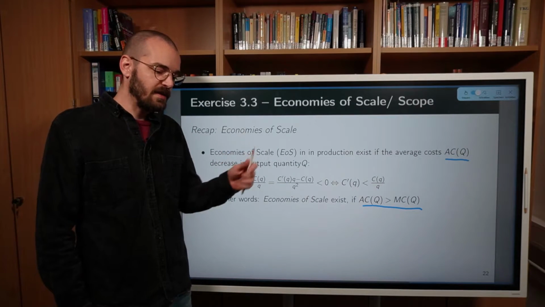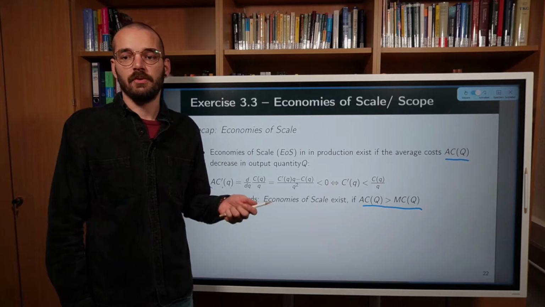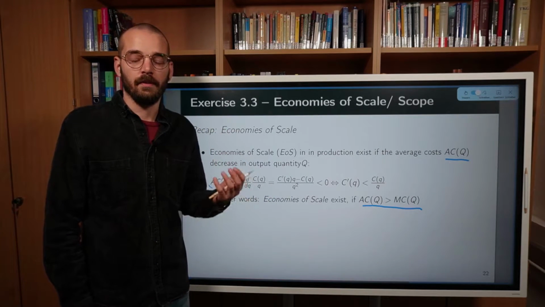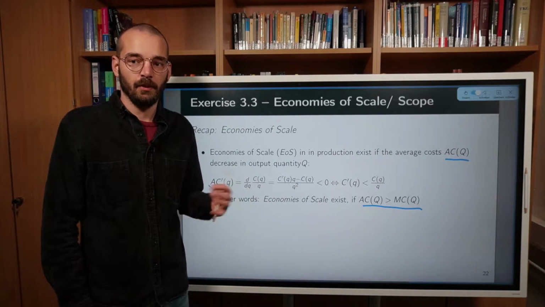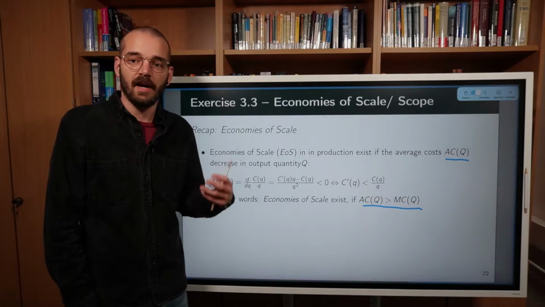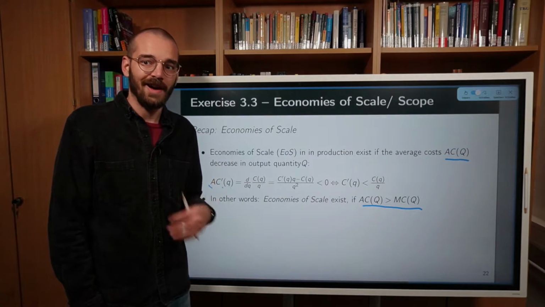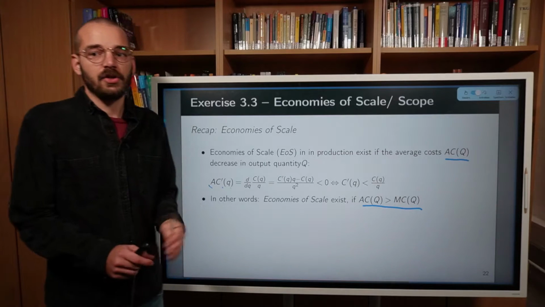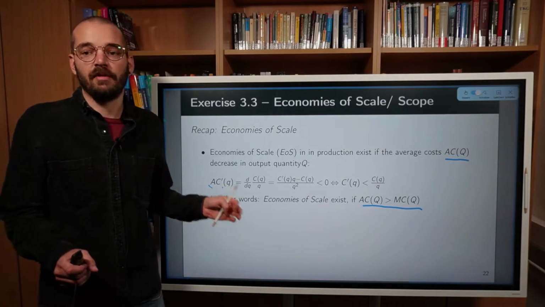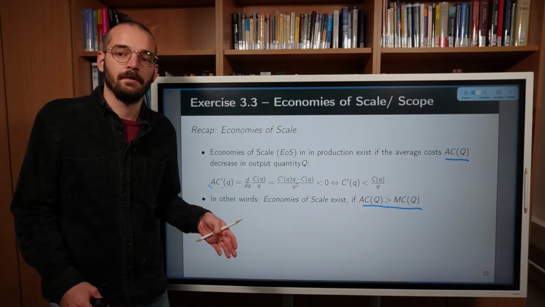And now you know the next unit you will produce has lower costs, which is equivalent to saying the marginal costs of production are smaller than the average costs of production of everything you have produced so far.